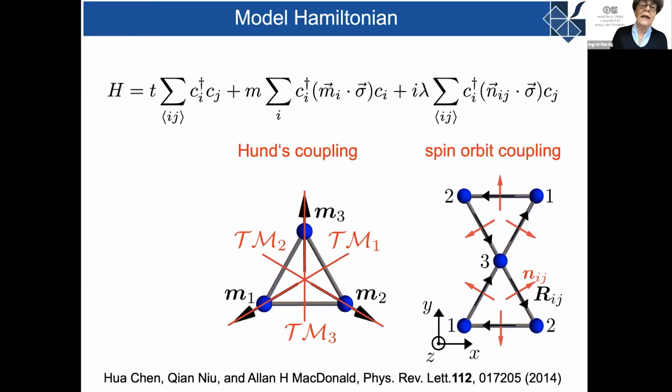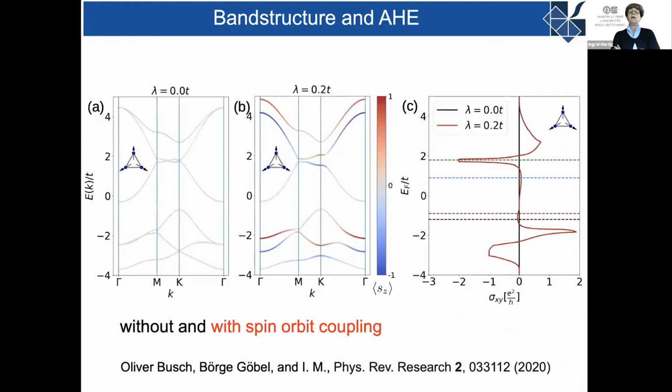So now let me come to the results. I do the same as before. I calculate this anomalous Hall conductivity as I introduced it before. And so you see, if I do not have spin-orbit interaction in my Hamiltonian, the band structure looks like this. I have 6 different bands, and the electronic states are fully unpolarized.